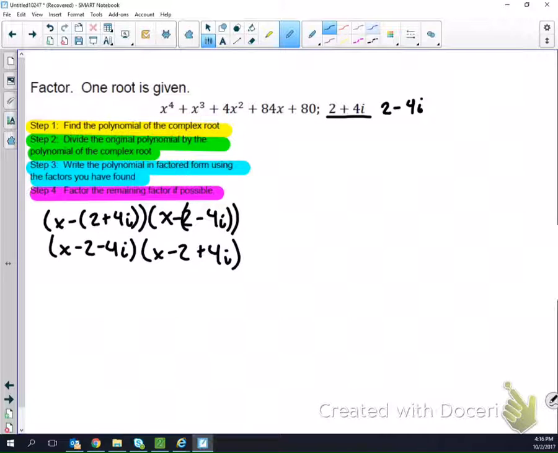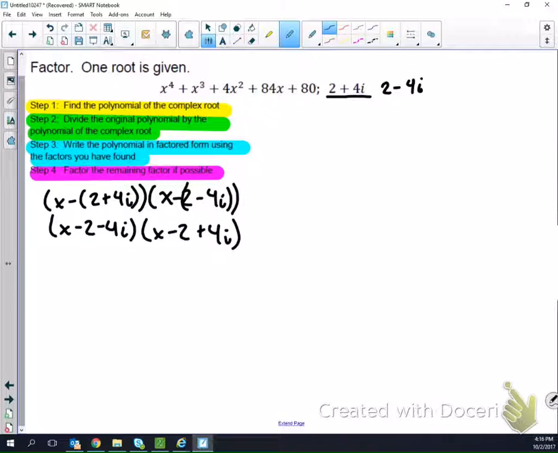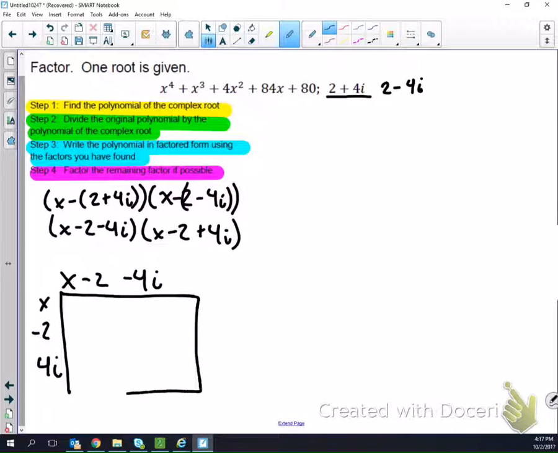All right, so now just to multiply that through, we'll have x minus 2 and a negative 4i, an x, a negative 2, and a positive 4i. So once again, I just like to use this box when I'm going to be multiplying a lot of these together. Makes it go a bit easier and faster.